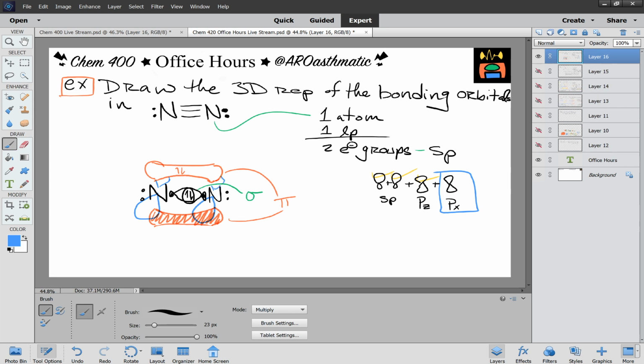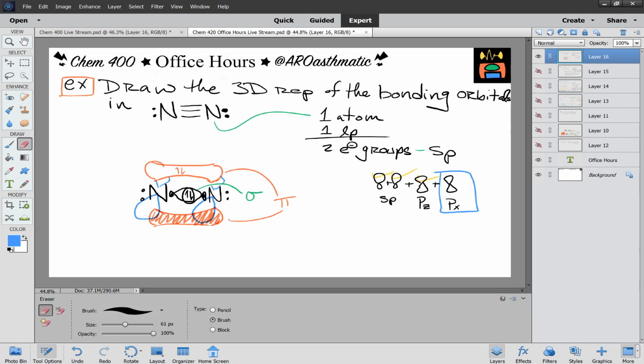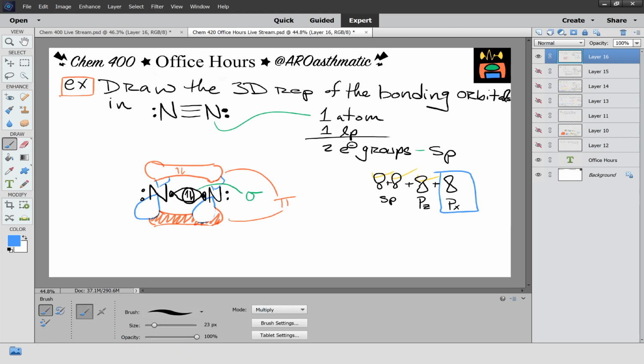Now, to show that it's coming out in front, the blue p orbitals on both of these nitrogens are blocking out the lobe, that bottom lobe of our first pi bond. That's why I'm erasing right there, so it looks like the perspective is on point.